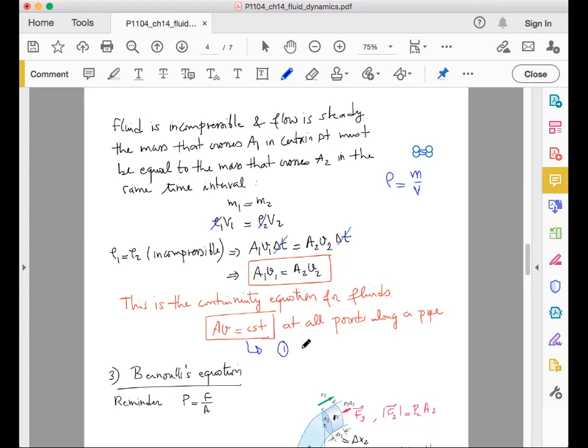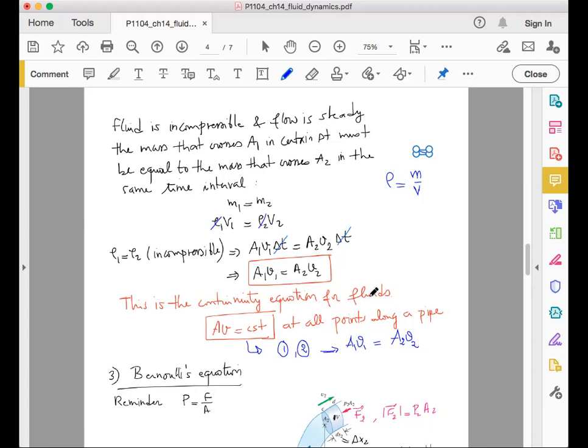If you evaluate it at point 1, it will be equal to the same if you evaluate it at point 2. So the product of the cross-sectional area and the speed is equal between any 2 points.